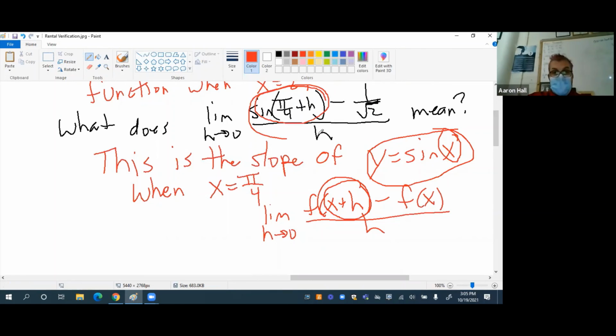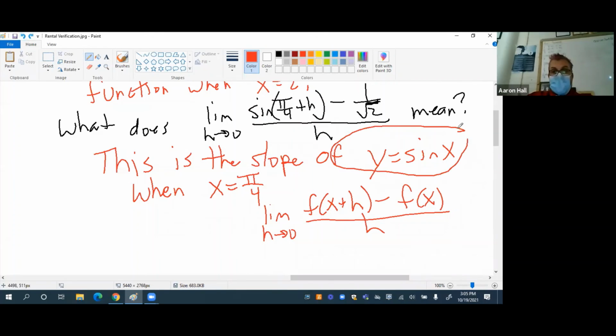Does everybody see that? One more time. If my function is sine of x, then I plug my x plus h into it to get this value here, correct? Assuming that x is also pi fourths.